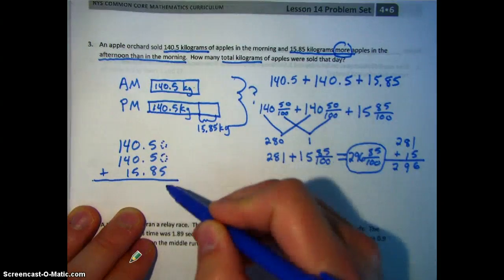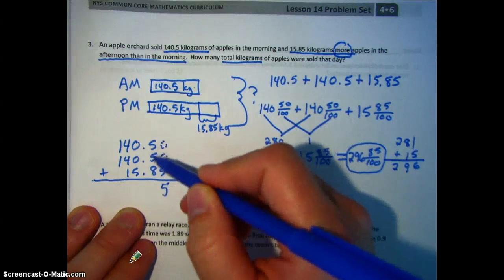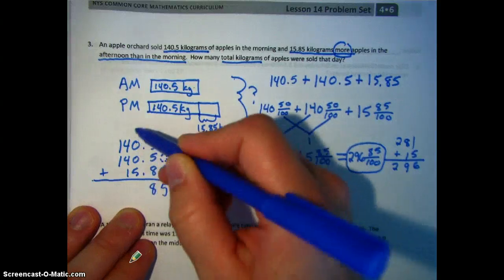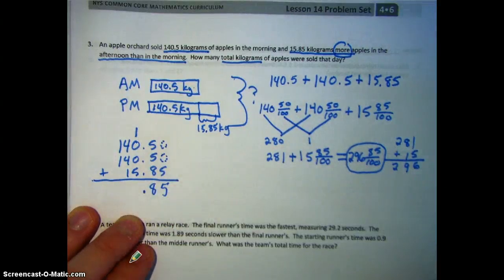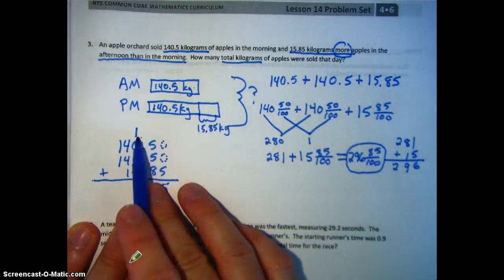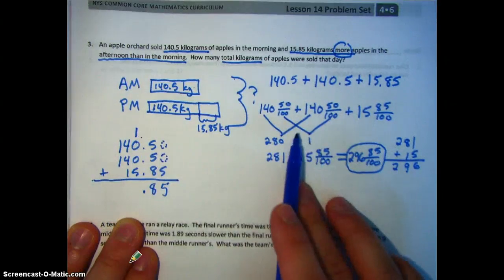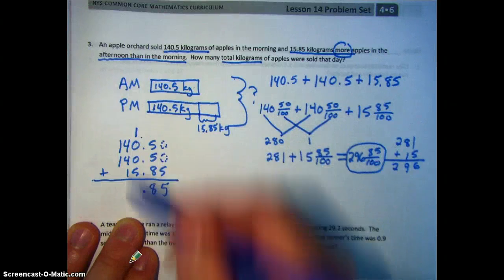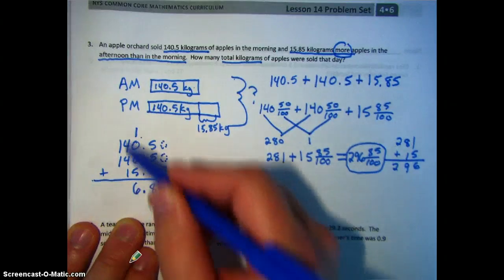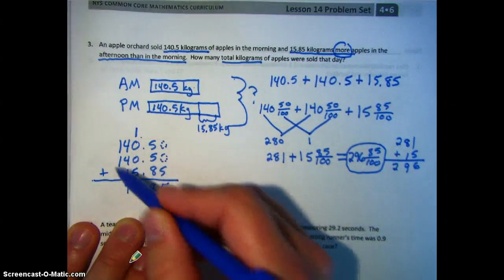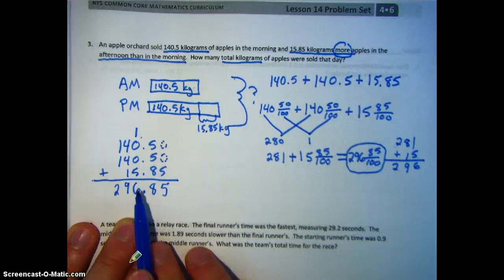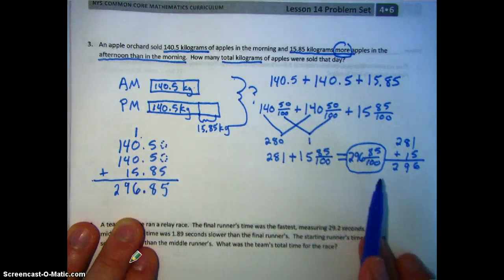So 0 plus 5, 5 plus 5 plus 8. Okay. And so this one that we just carried over here is the one that we just added right over here. That's our 1, 1. Okay, so 1 plus 5, 4 plus 4 plus 1, and then 1 plus 1. So we still get 296 and 85 hundredths.